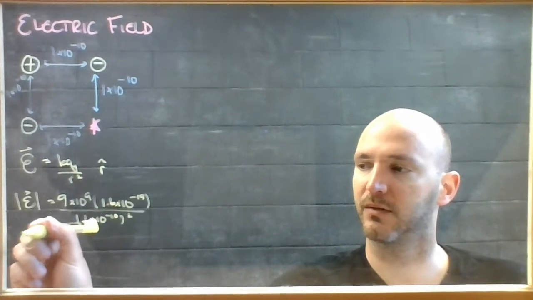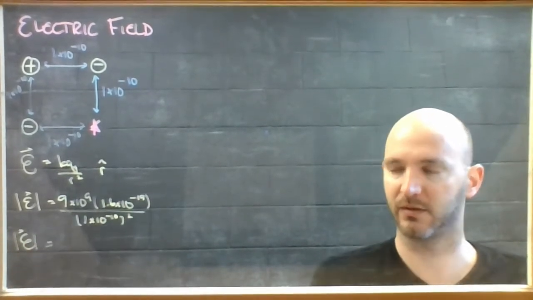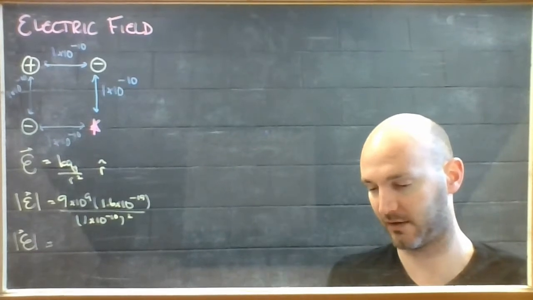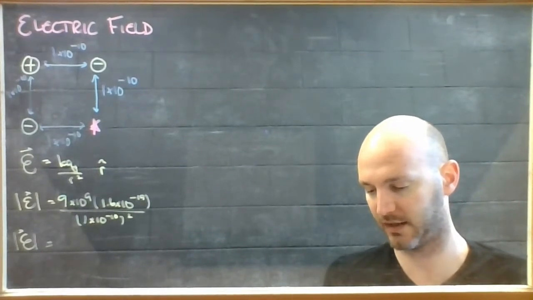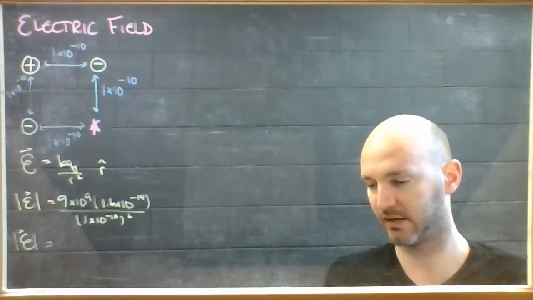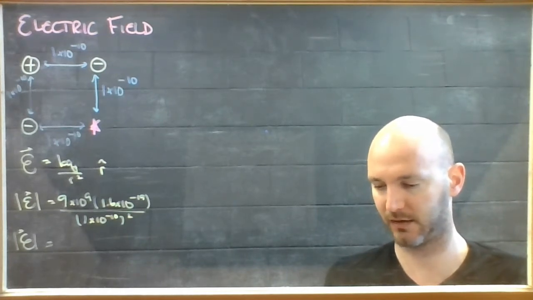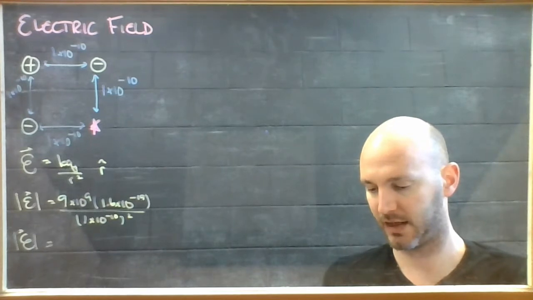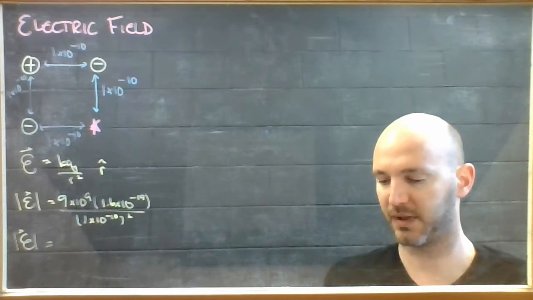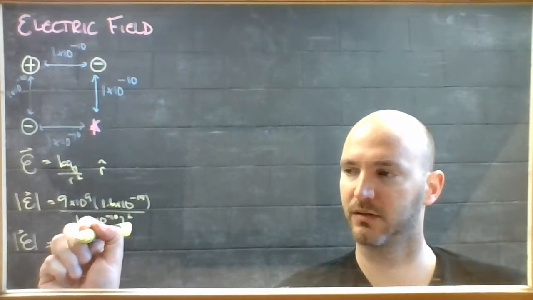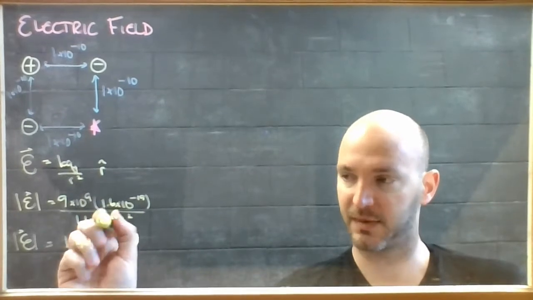So if I work that out with the calculator, which I have on me this time, 1 × 10⁻¹⁰, put that in the denominator, square it, times 9 × 10⁹, times the charge of that electron gives me 1.44 times 10⁻¹¹.